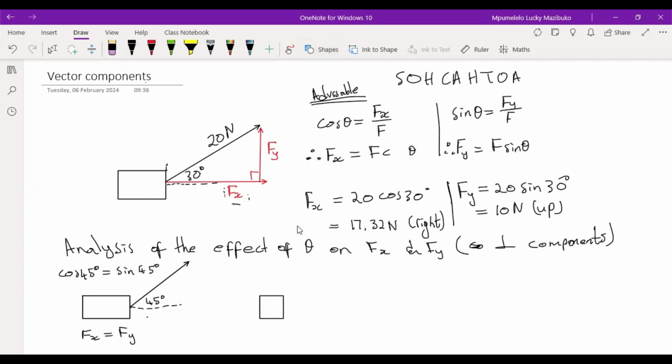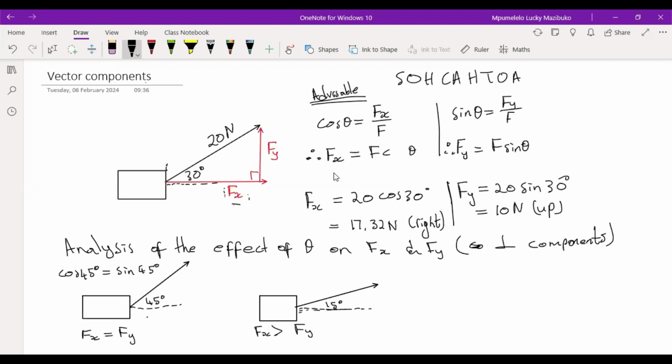Now, if I make the angle a little smaller towards the x-axis, let's say 15 degrees, you'll realize that fx should be greater than fy, because the x component increases since the actual vector is closer to the horizontal.